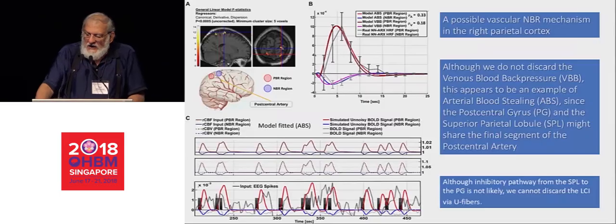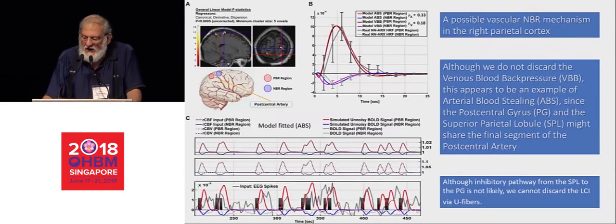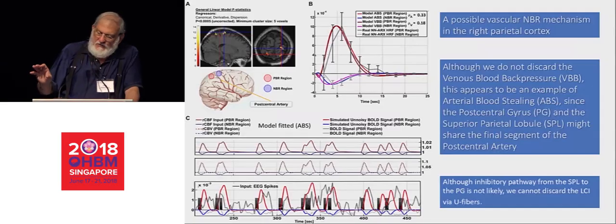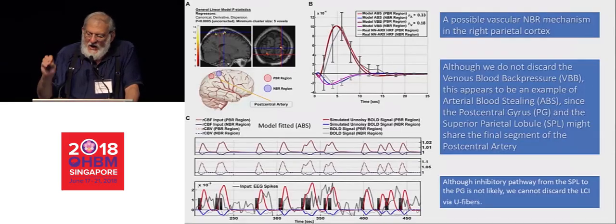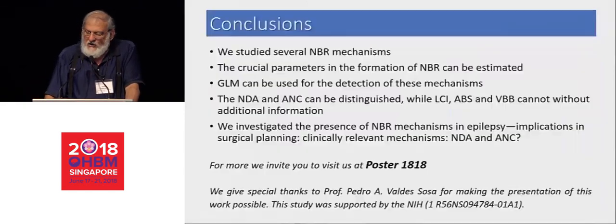So you can see here also the correspondence, and the idea behind this methodology then becomes clear. It is to train the classifier using the neural mass models and the Windkessel model according to the type, and then actually look for the location first with the GLM, and then try to classify specifically what type of negative BOLD response this corresponds to.